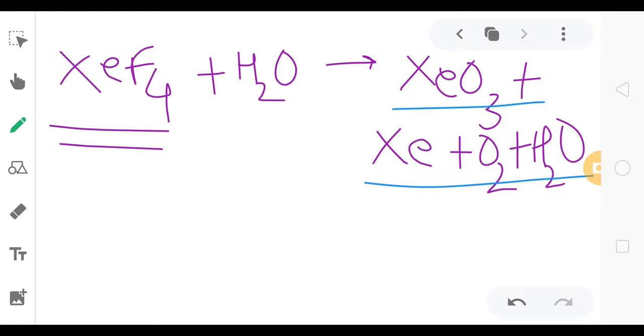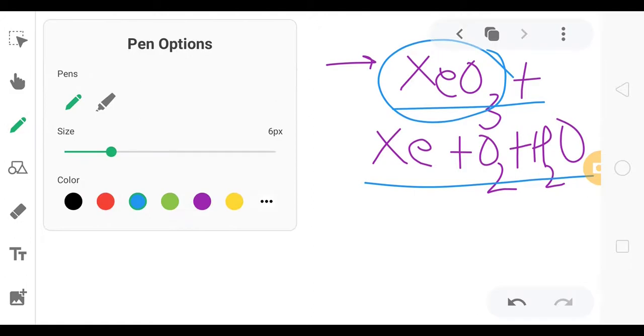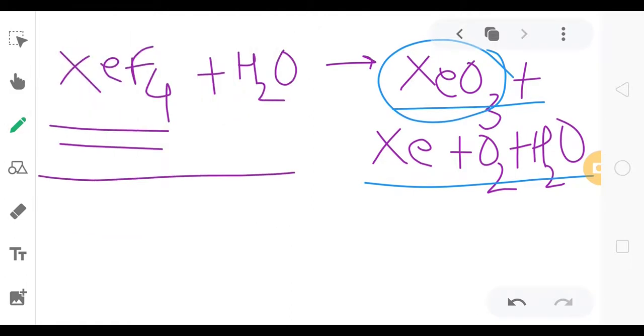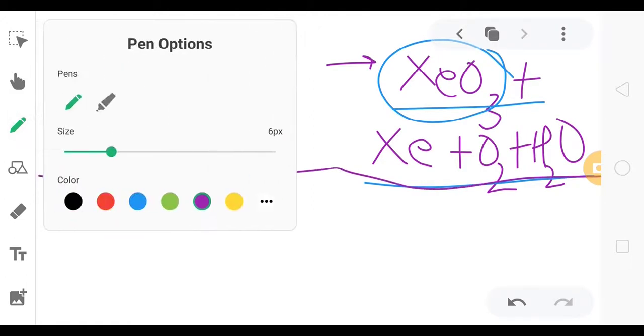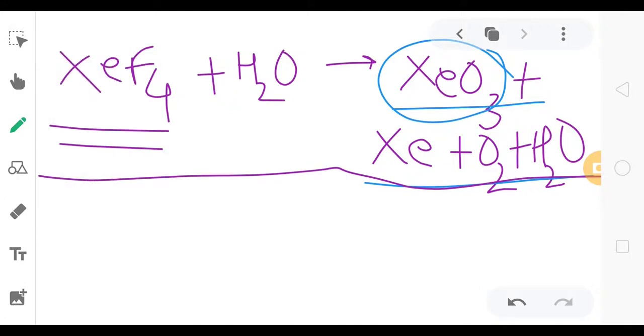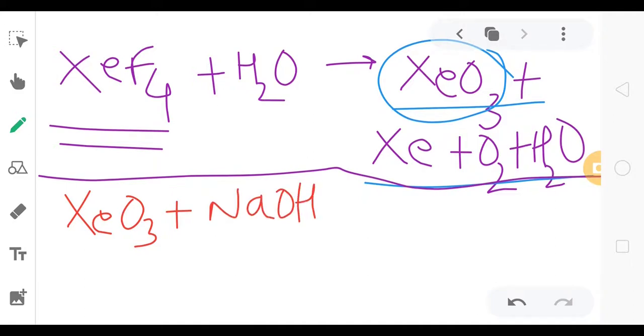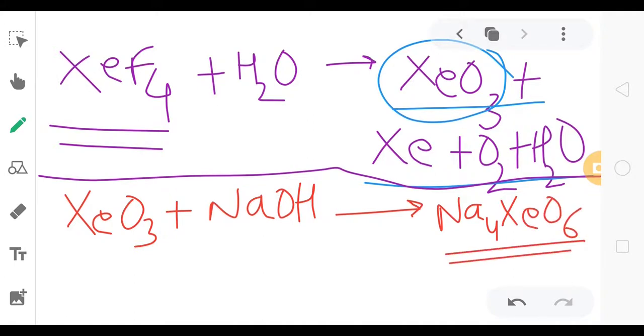Okay. Now, another important reaction of xenon trioxide. When you treat xenon trioxide with a strong base, mark it guys, strong base, then you will end up with Na4XeO6.